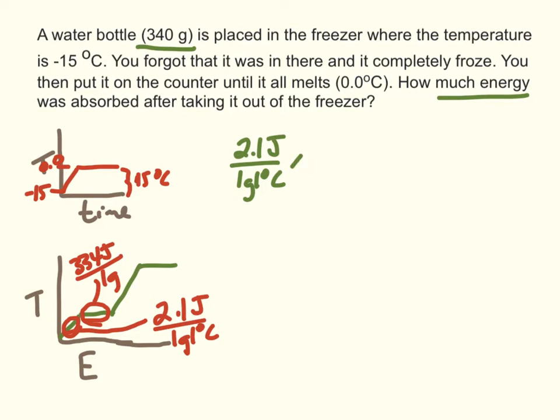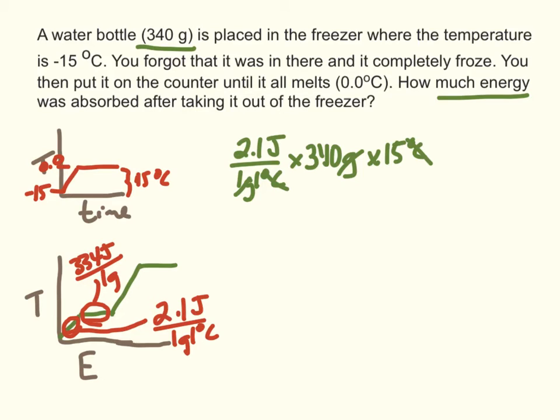So I'm going to multiply that by 340 grams. That's going to take care of my grams because this is 2.1 joules for every 1 gram, but this was 340. And then it also didn't go up 1 degree Celsius. Instead, it went up 15 degrees Celsius.